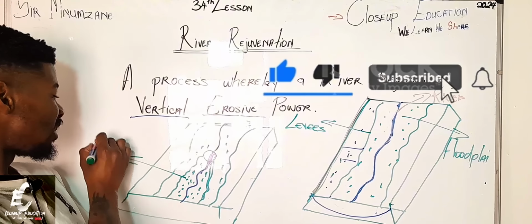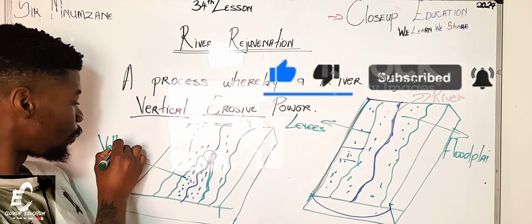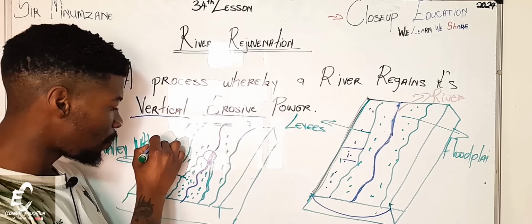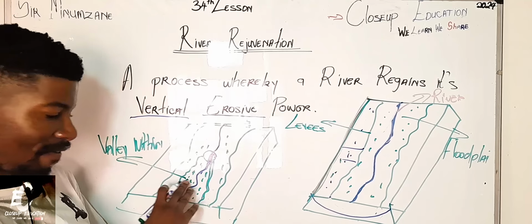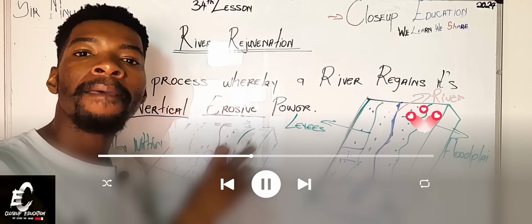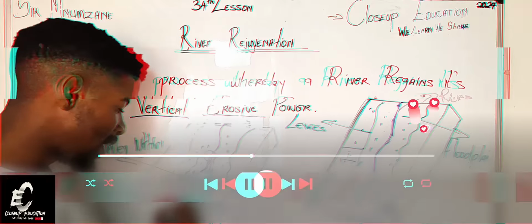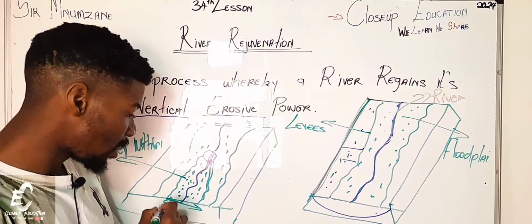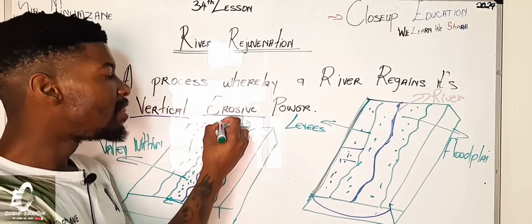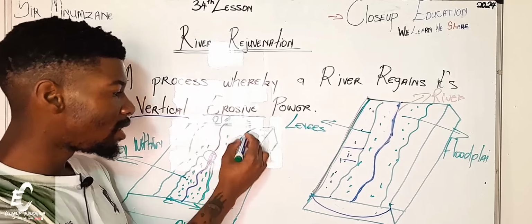And what is this? This is a valley within a valley, guys. I don't have space. This is a valley within a valley now. Now we have a valley within a valley, meaning we can have a new floodplain, right? We can now start to have a new floodplain after some time. And this is the old floodplain, this one.